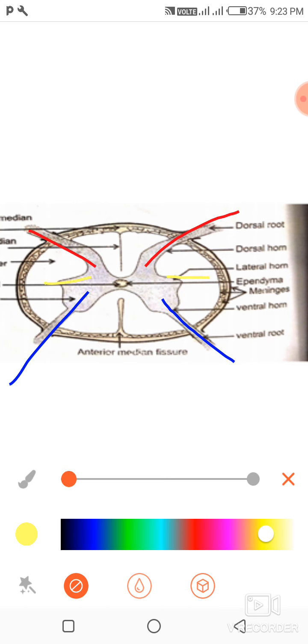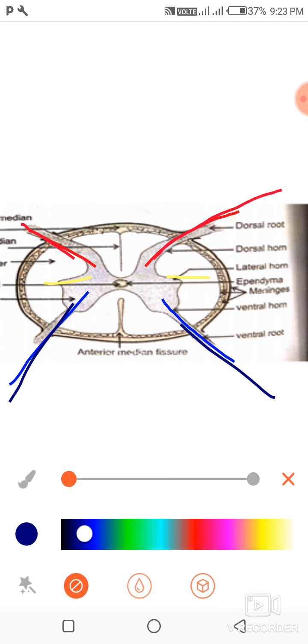It has got a pair of dorsal horns marked in red. It has got a pair of ventral horns marked in blue, and it has got a pair of lateral horns. The dorsal horn extends out as dorsal root. The ventral horn extends out as ventral root.